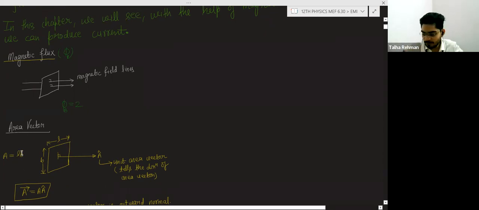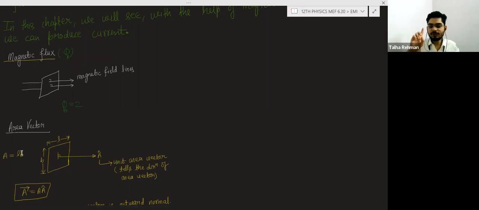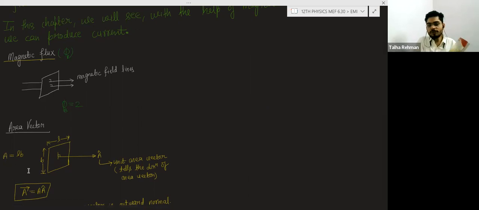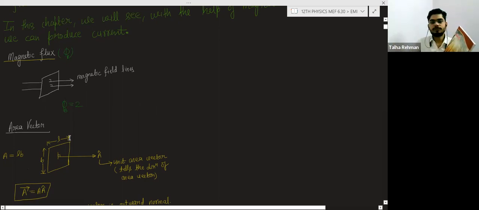The area vector has two things: one is the magnitude, another is the direction. The magnitude is this area, length into breadth, LB. Now there is a requirement of direction. Always remember that for a plane area, the direction of the area vector is perpendicular to the plane of the area.